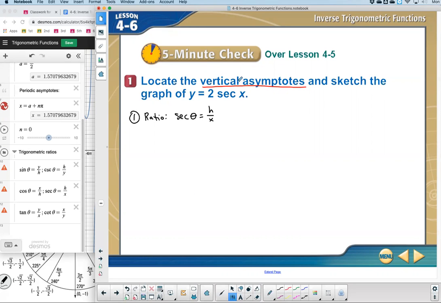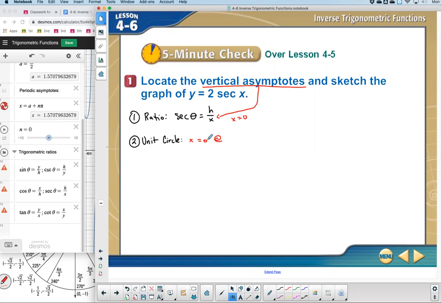So if a vertical asymptote is created whenever we divide by 0, then what I need to do here is solve for when x equals 0. As stated by a student earlier, what's the best way of solving for when x equals 0? It's the unit circle. We're going to determine when x actually equals 0.